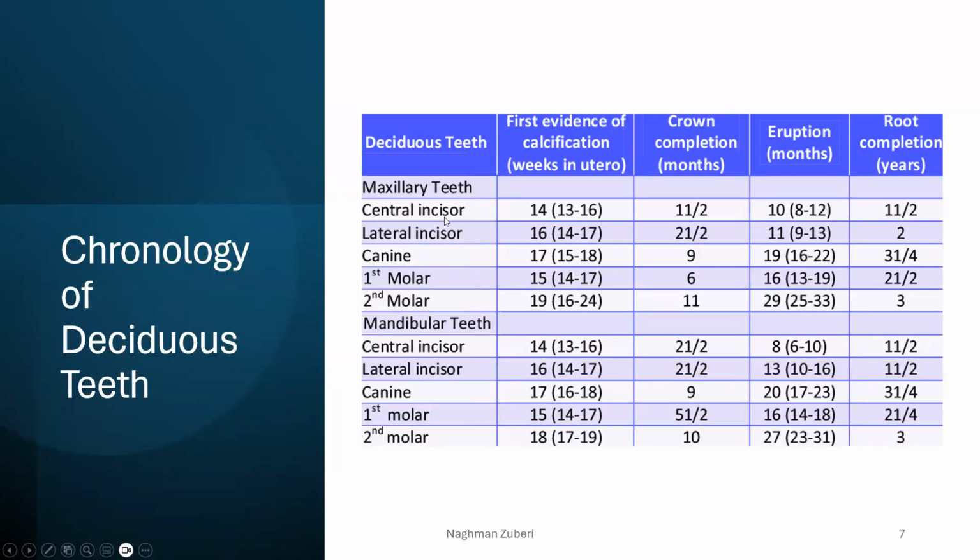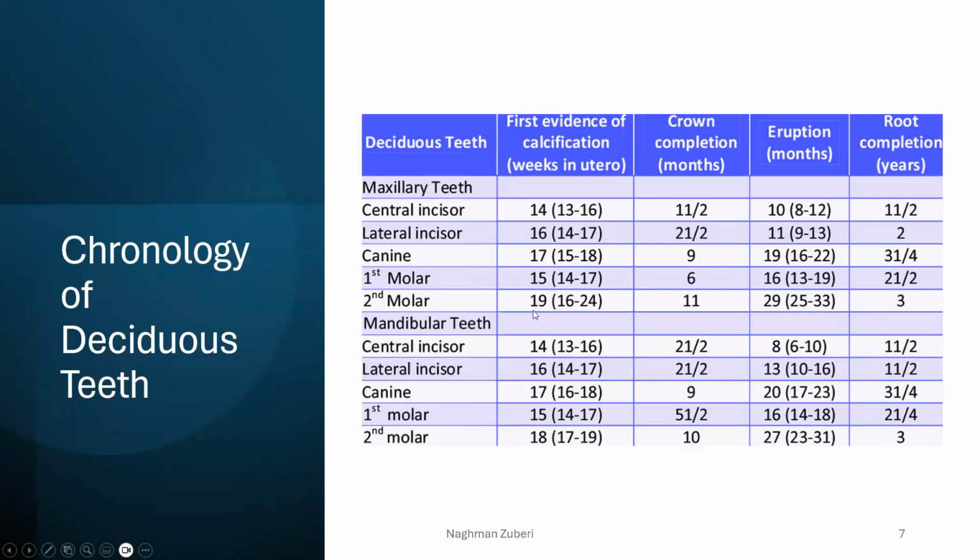Maxillary canine: the first evidence of calcification is at 17 weeks in utero, with a range of 15 to 18 weeks. Crown completion is 9 months after birth, and eruption is at the 19th month, with a range of 16 to 22. Root completes when the child is 3.25 years old.